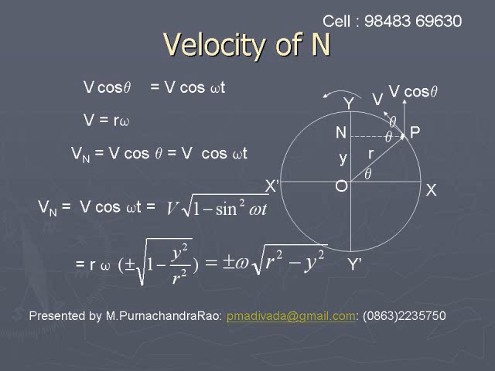When we take the square root, we get plus or minus. On simplification, we get it as plus or minus omega into square root of r square minus y square. This is another relation for the velocity of N.